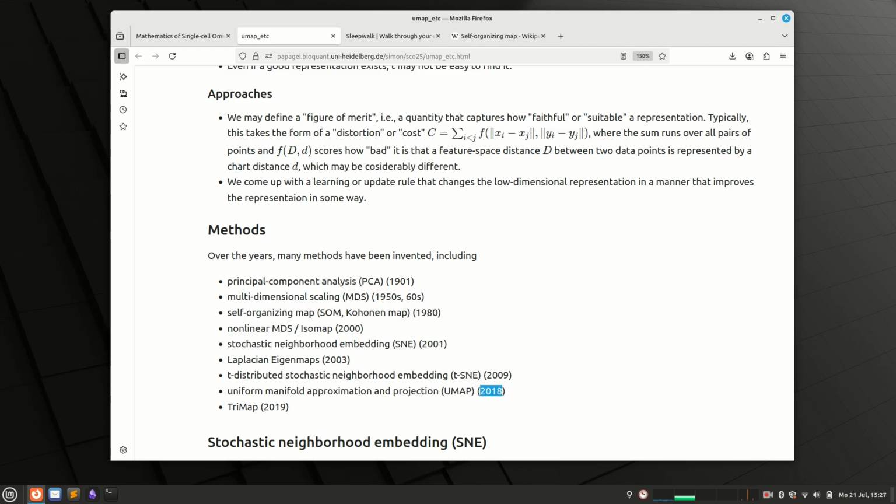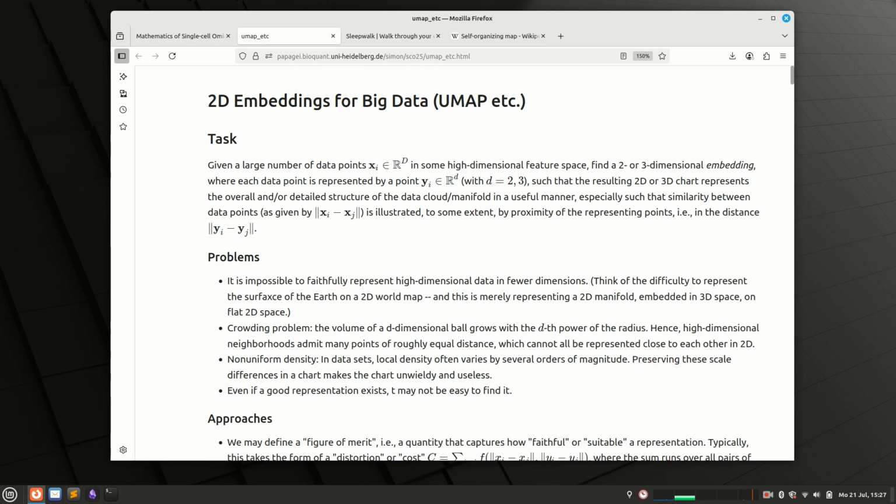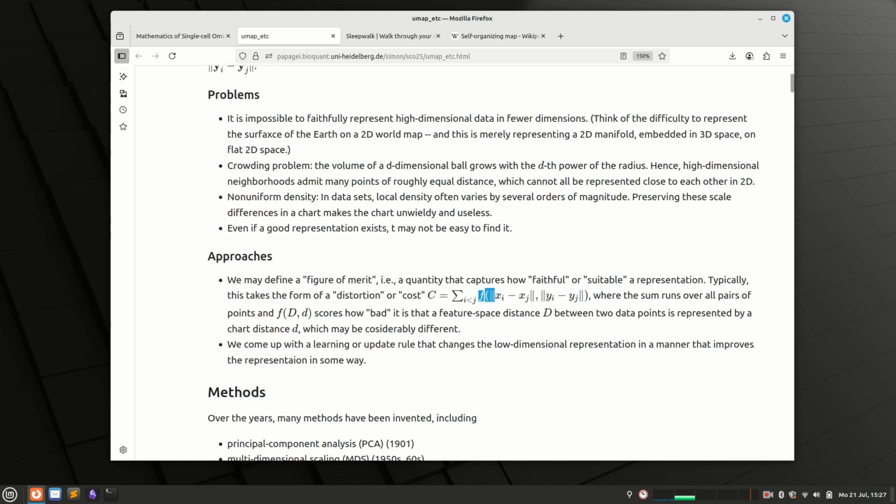And so his idea was the following, or I don't know whether it was his or one of the other two authors, but what they said is that maybe the problem with multidimensional scaling, why it never worked well, is that it tried to treat all distances the same. You remember, we somehow come up with this cost function f, which compares everything, and whenever they disagree, it gives a penalty.